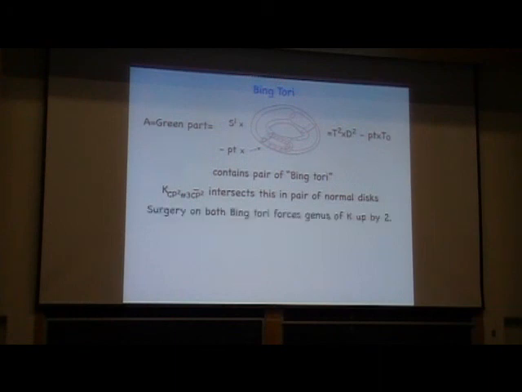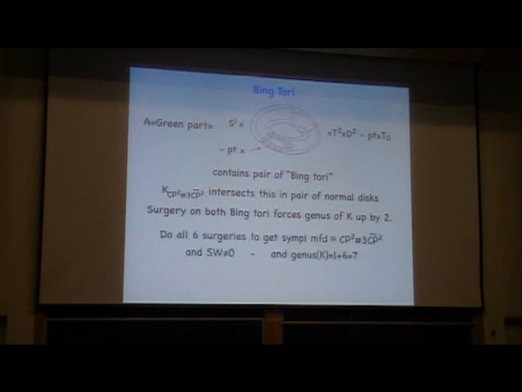So if you do surgeries on both of those tori, those normal disks don't cut through anymore. The only way they can survive is by running around the beam double. So doing both those surgeries, in fact, adds genus 2 to the canonical class.